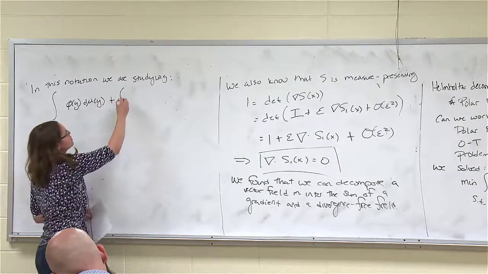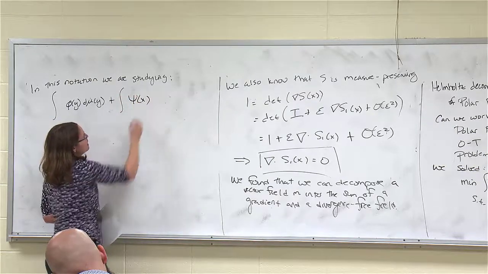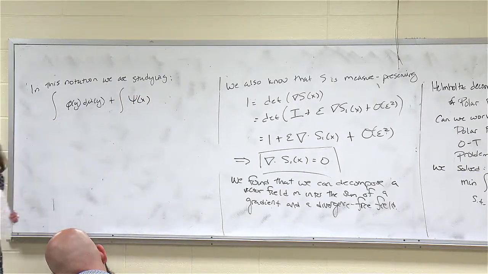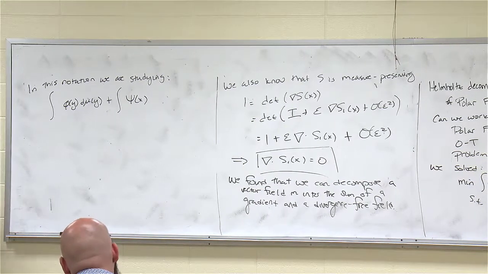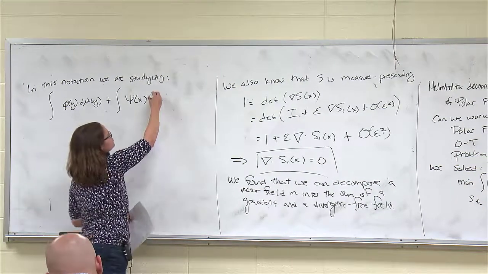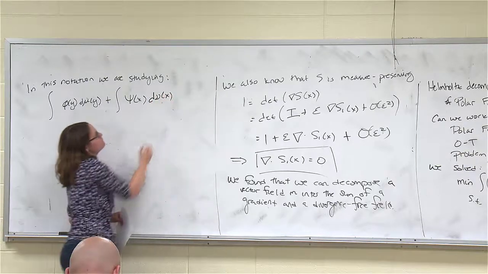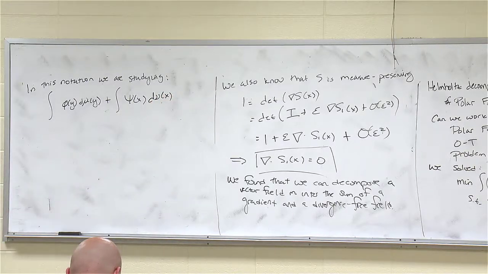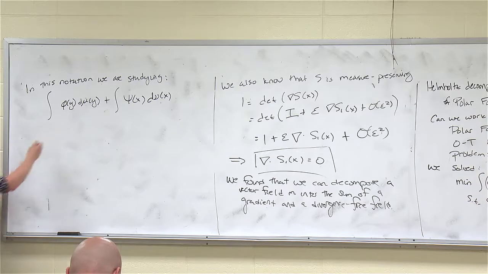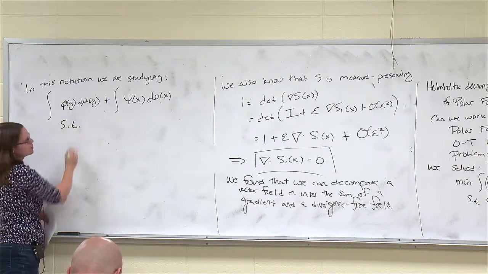And my other integral is psi of x against dx. And we decided to give the Lebesgue measure another name and call it nu. So this is the same as integrating against nu. Okay, it's subject to some constraint.